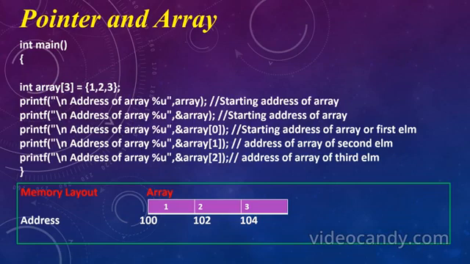This is a graphical representation of the memory layout. I have created one array of 3 elements at addresses 100, 102 and 104. If I print only the array, it will give me 100. If I print ampersand array, it will again print 100. It is the same program we have discussed.